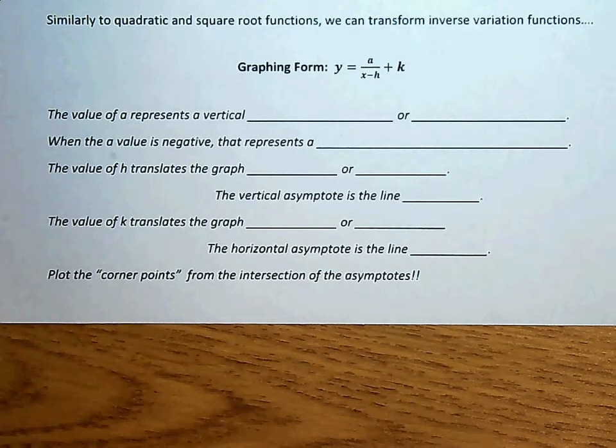So when we talk about transforming them, we're transforming them left and right, the opposite of h, because it lies to you, right? Correct? The k value moves it up and down.